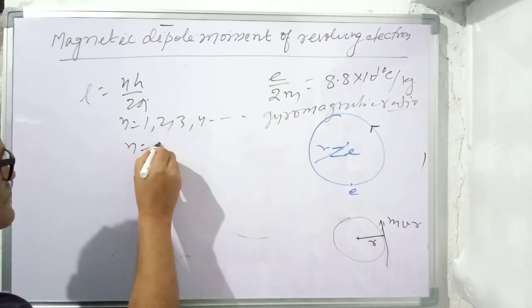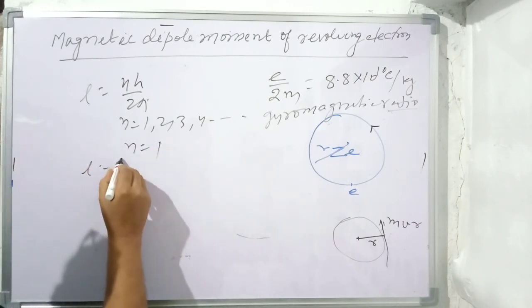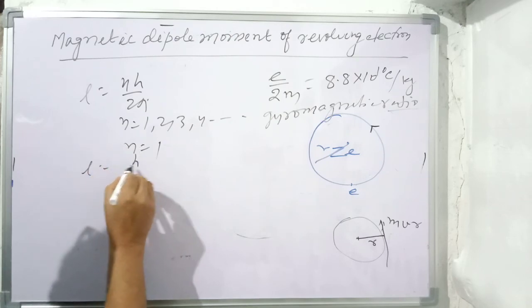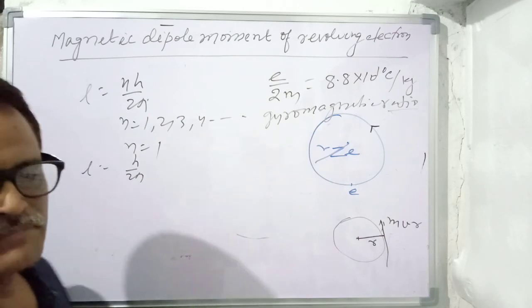For n equal to 1, L is equal to h by 2 pi.